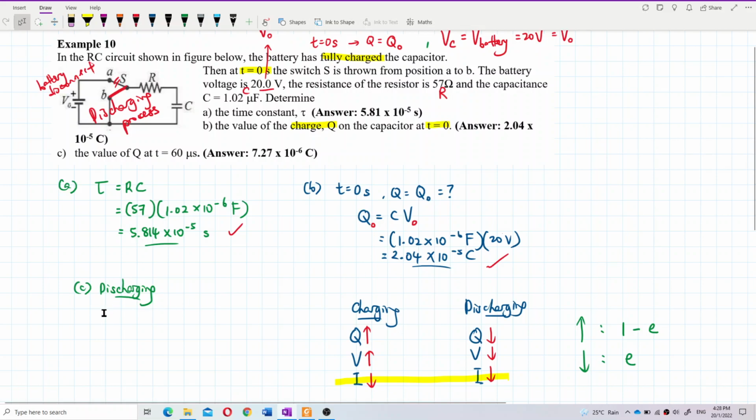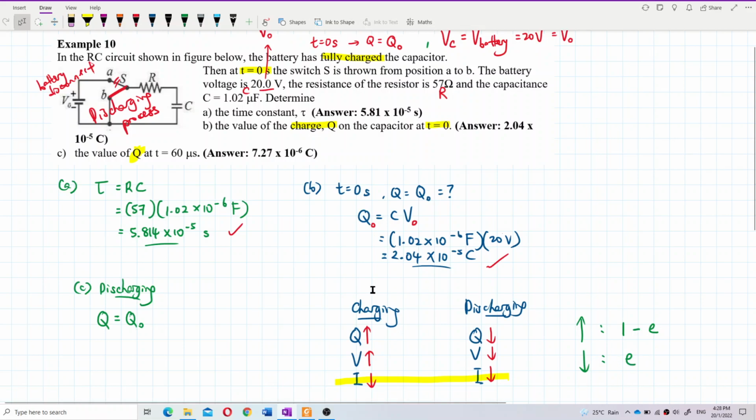Right now this is a discharging process, and you are talking about charge, so I only want the formula for charge. What's the formula for charge? Q equal to Q naught, then what to write? Is it 1 minus epsilon or epsilon?